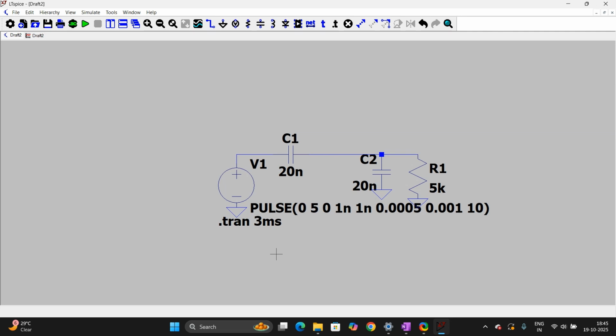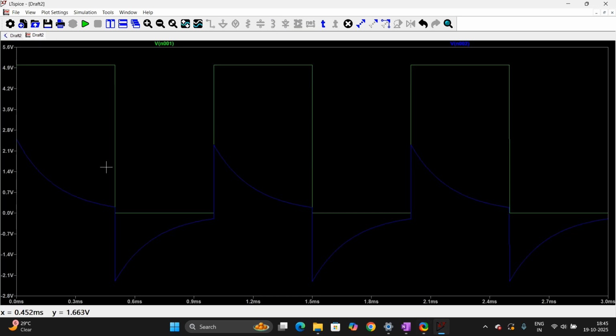So our time constant is greater than the pulse time period. That's why capacitors are not fully charged and not fully discharged. That's why we are seeing some positive value here, and then minus 2.5 volt, and then it starts discharging again like this, and the cycle repeats.